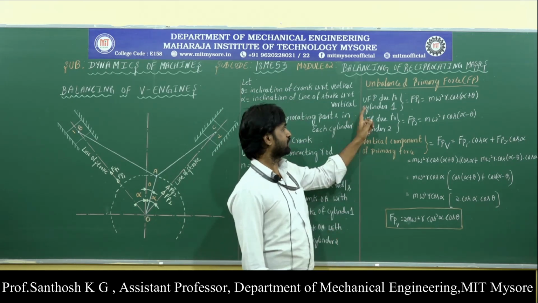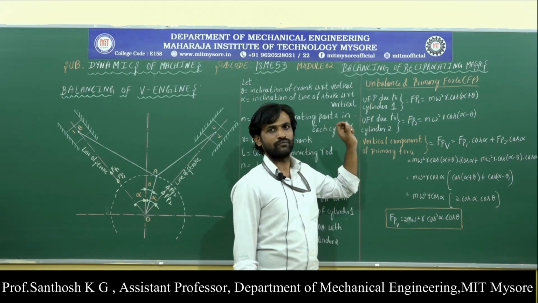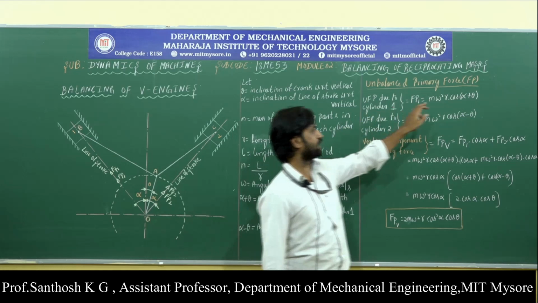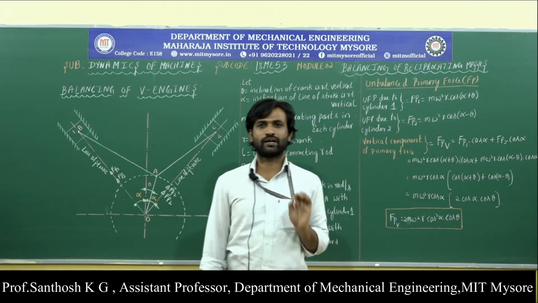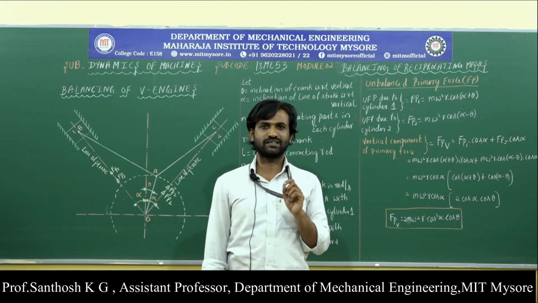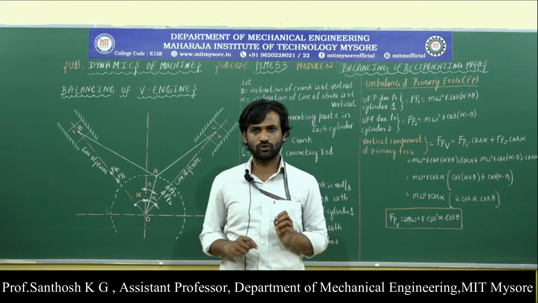We know that the unbalanced primary force can be calculated by making use of the equation m omega square r into cos of theta, where theta represents the inclination of the crank with respect to the line of stroke.